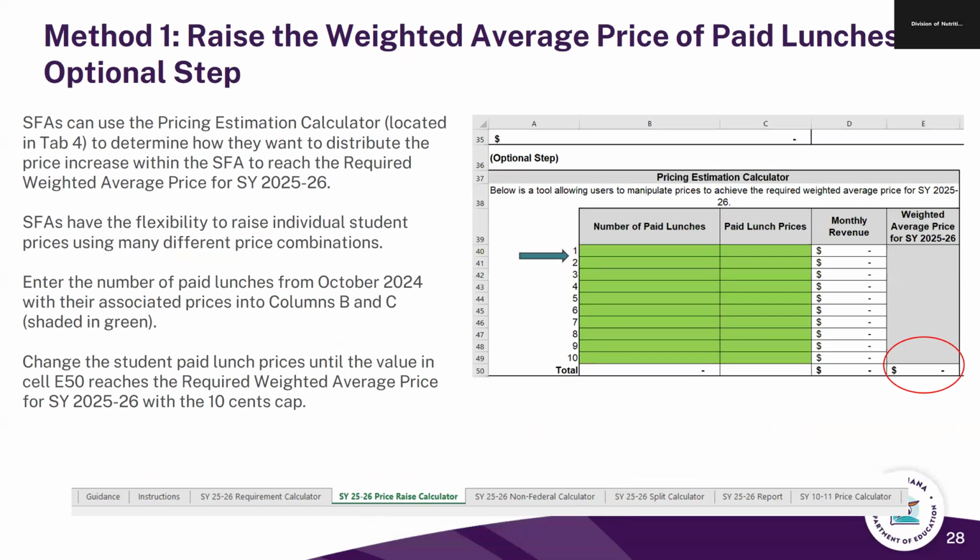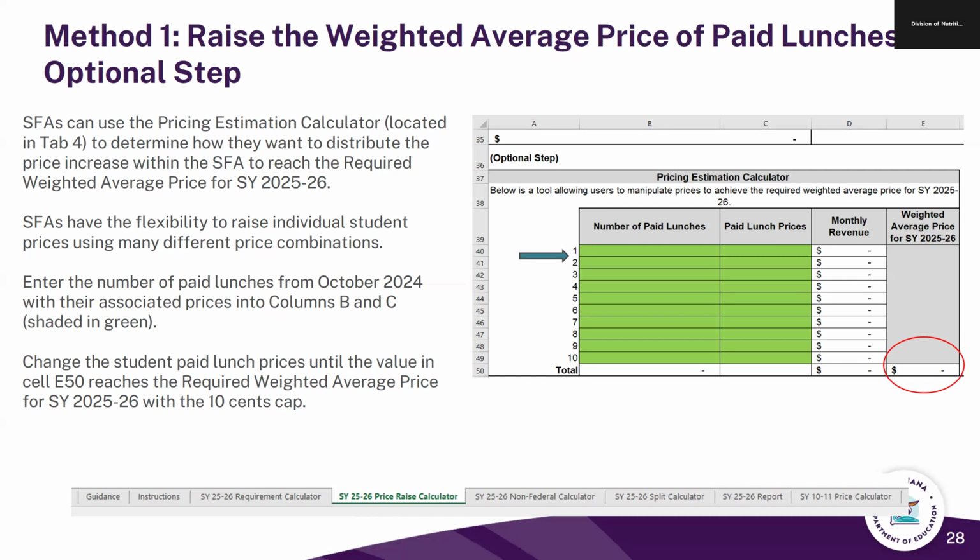So this is an optional step for method 1. You can use the pricing estimation calculator that's located in tab 4 to determine how you want to distribute the price increase within the SFA to reach the required weighted average price for 25-26. You do have the flexibility to raise individual student prices using many different price combinations.